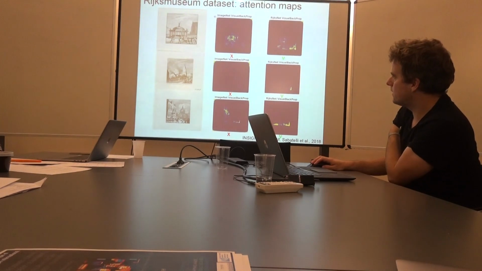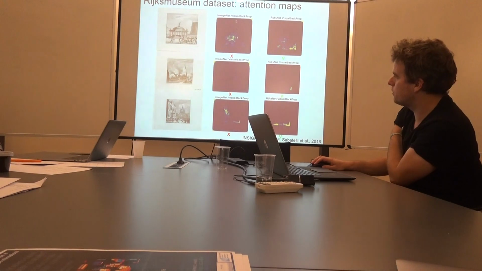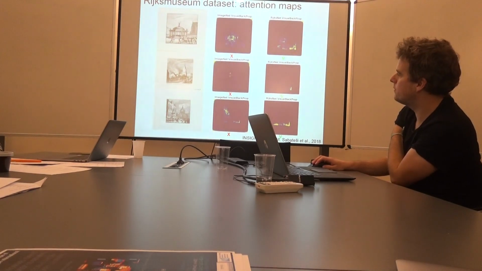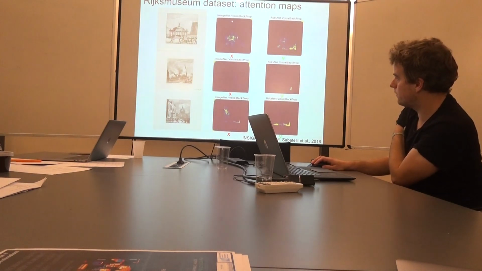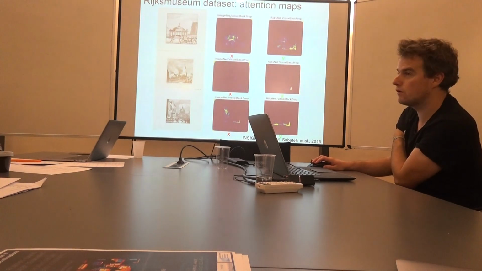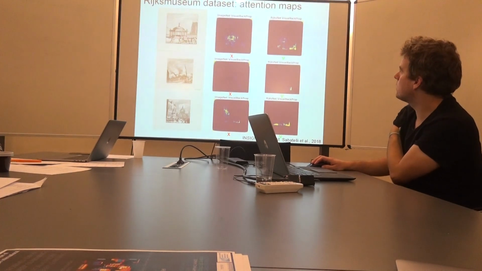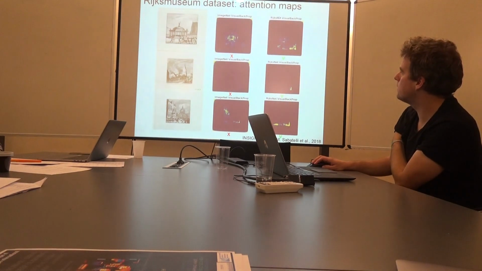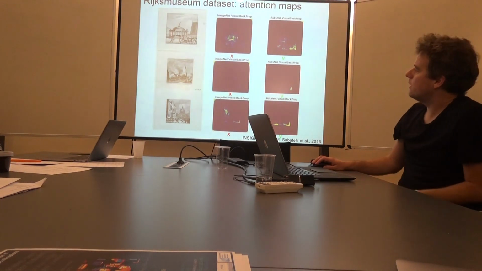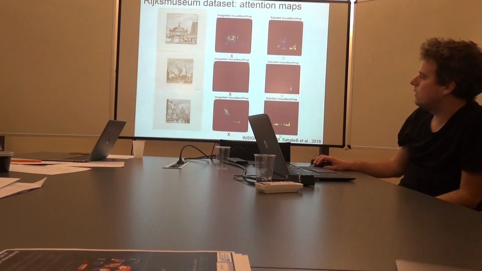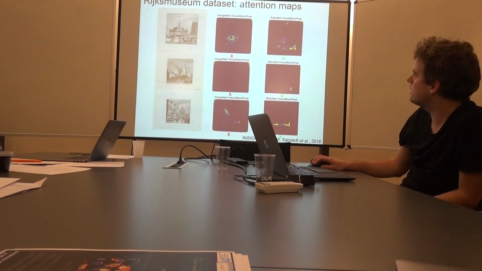This column corresponds to the ImageNet models, the ones that were not fine-tuned, and this one corresponds to the networks that were fine-tuned using Rijksmuseum data. For all of these three examples, the ImageNet models did not correctly identify the artist, while the Rijksnet models correctly identified the artist.